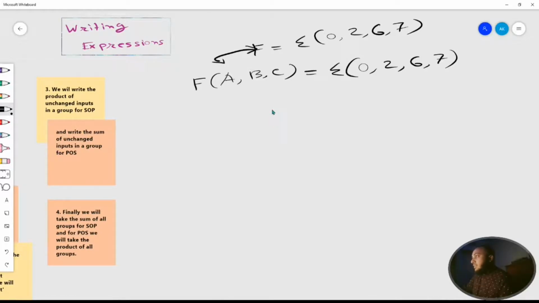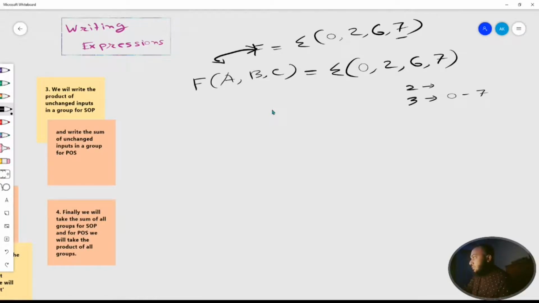Okay, because here we can see the highest value is 7, and we know with 3 bits or 3 inputs we can get the combinations from 0 to 7.